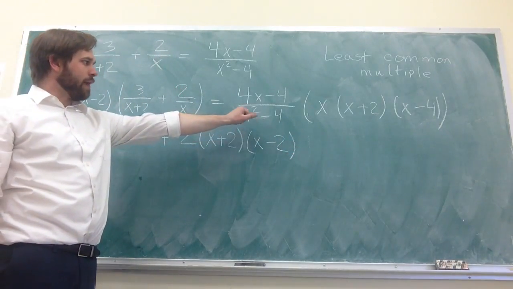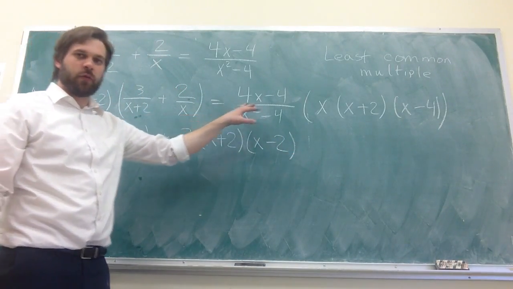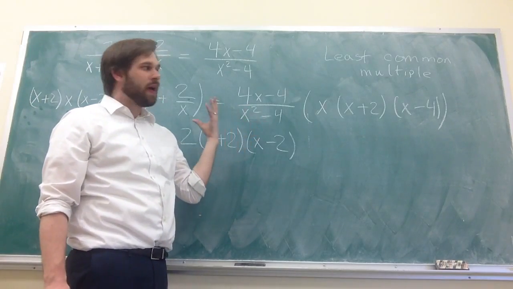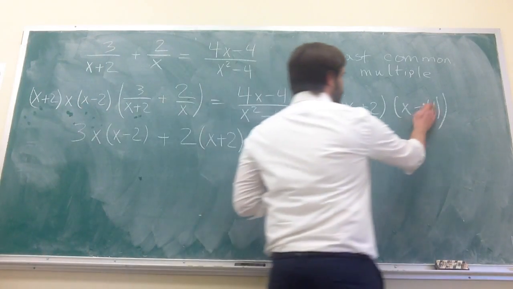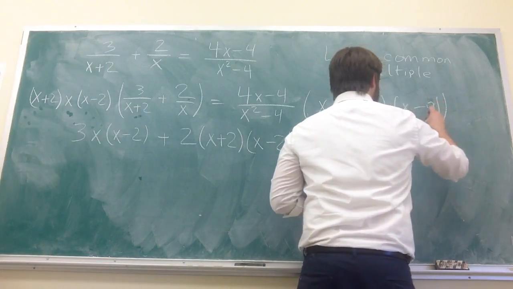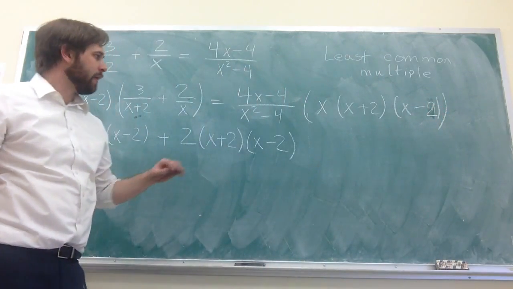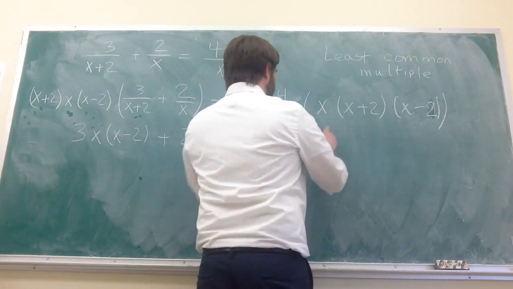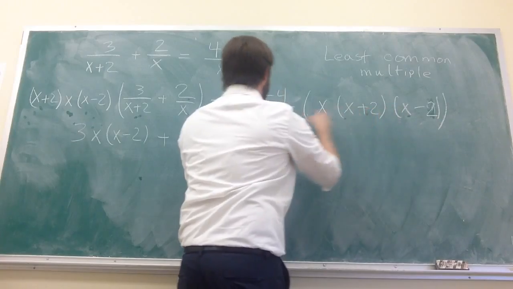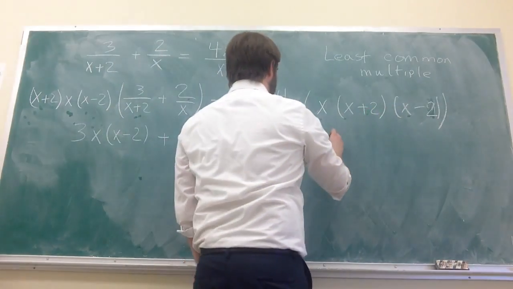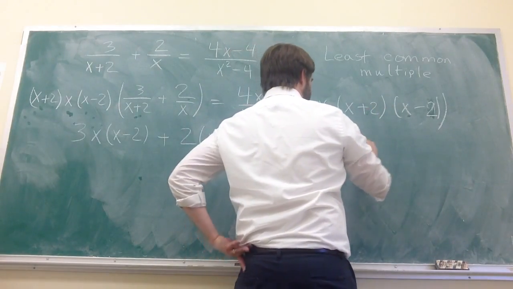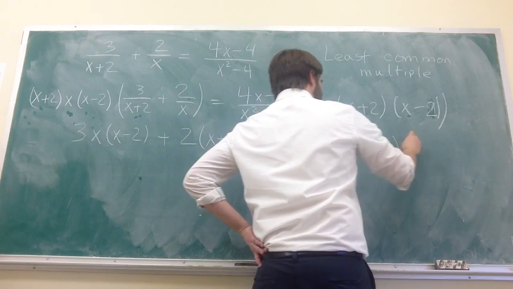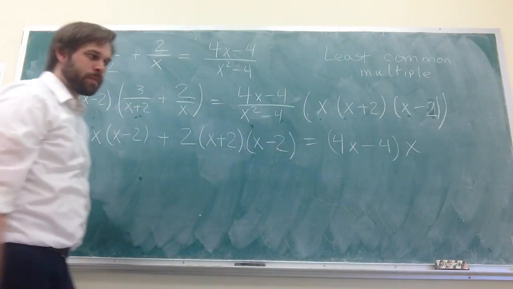And on the right, remember that we had x squared minus 4 factored as x plus 2, x minus 2. This should be a 2 over here. That's a mistake on my part. So what we're going to get is actually these two will cancel with the denominator here. So we just get 4x minus 4, that quantity, times x.